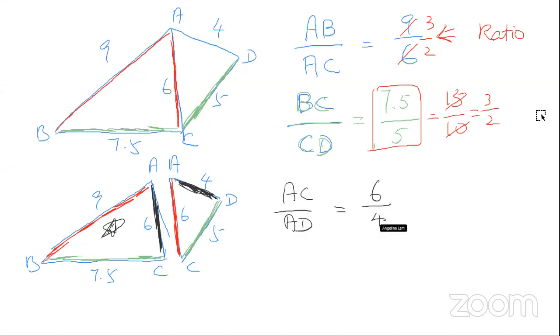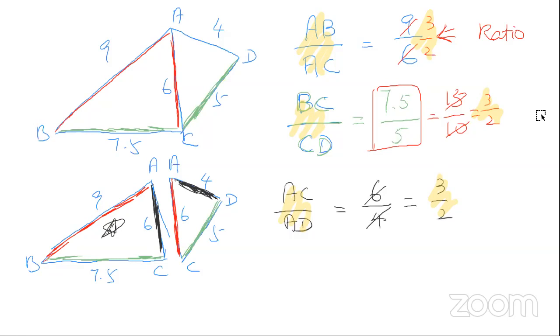And then we can do the simplification, the cancellation. I also have 3/2 here. Therefore, you can see that if I have the sides of two triangles in pairs, and I do the divisions like that, you will always get the same answer, 3/2, 3/2, 3/2 in this way.